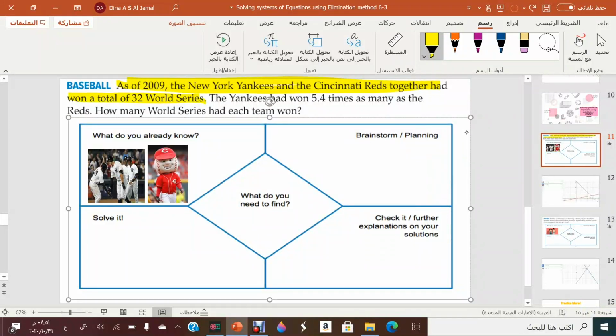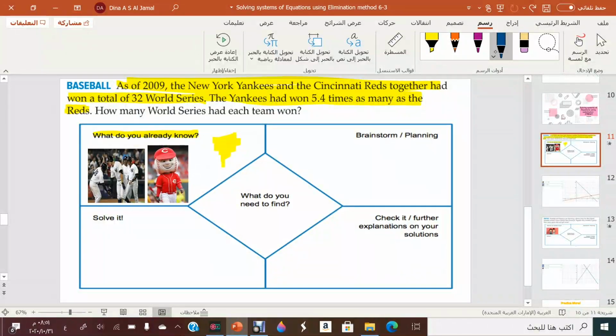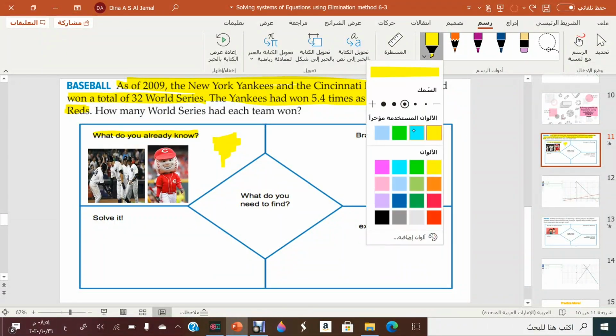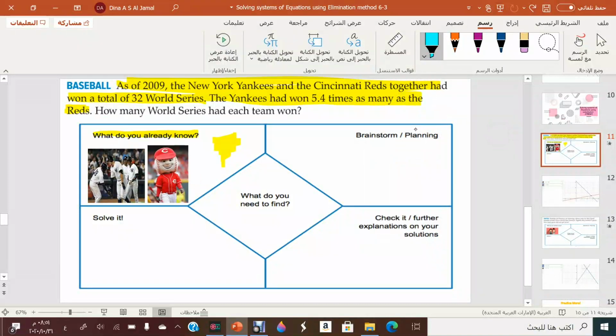Another given is that the Yankees had won 5.4 times as many as the Reds. So all of these are given to you. Now, what is the unknown? What do you need to find? How many World Series had each team won?